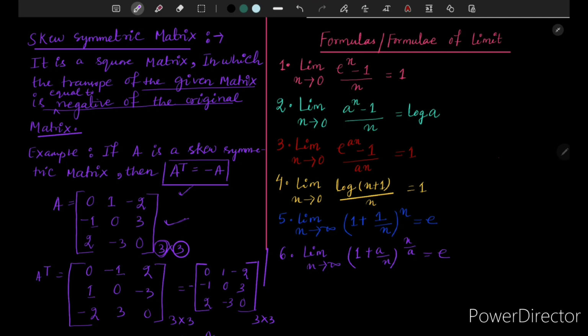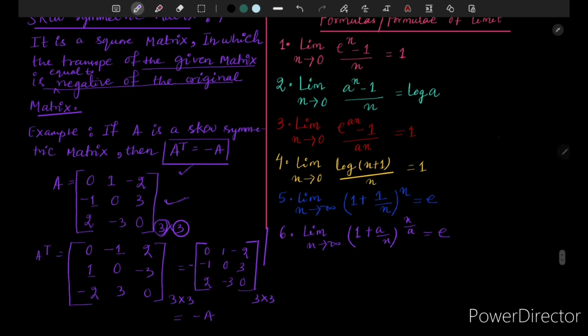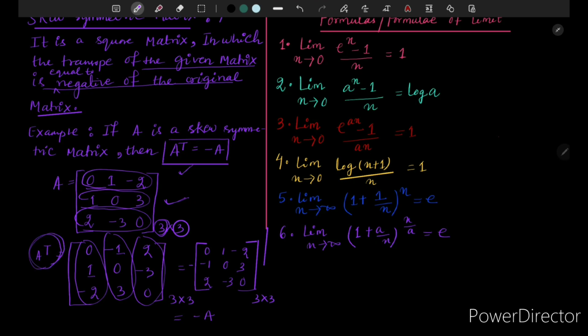So if we transpose matrix A, all the rows will become the columns. The first row will become the first column, the second row will become the second column, and the third row will become the third column. After making the transpose, we get the matrix 0 minus 1 2, 1 0 minus 3, minus 2 3 0.